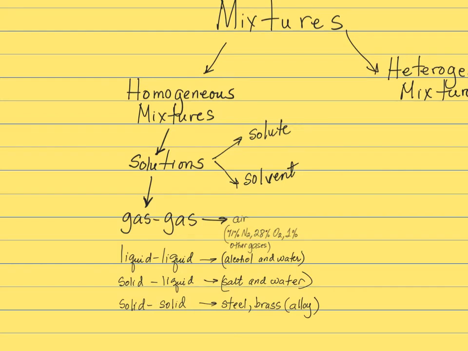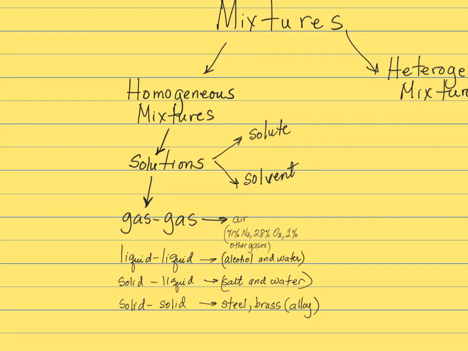So you don't see the difference. That makes air a solution. It's not a pure substance. No, it's a mixture. A homogeneous mixture in which the solvent and the solute, both the state of matter, are gas.